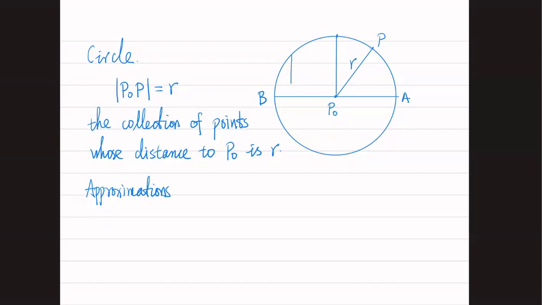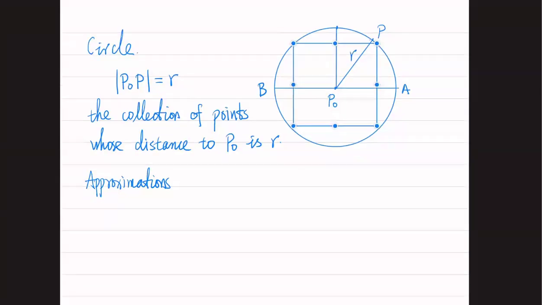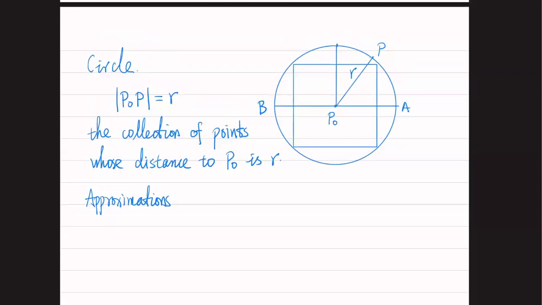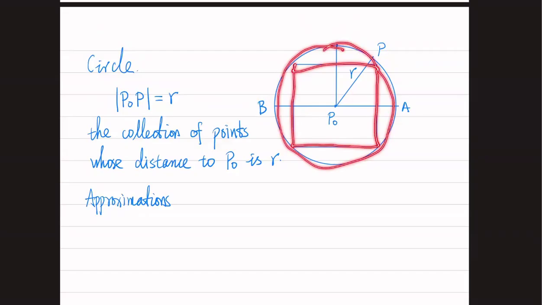I'm going to draw a square over there. Okay, it's up. We can measure the perimeter of the square. This will give us a very rough approximation of the perimeter.